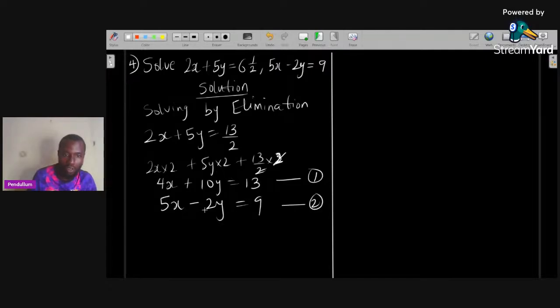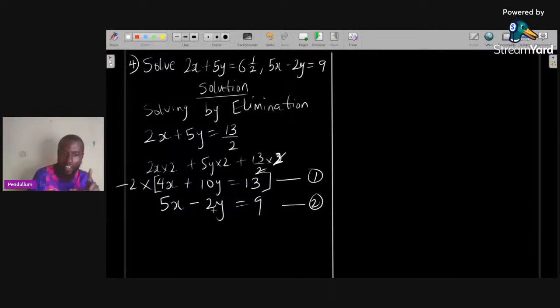So the coefficient of y in equation 2 is minus 2. We'll come here and say minus 2 times everything here. So let me put this in brackets. All right. You want to come again. Any of the variables you want to eliminate, you're going to use the coefficient of that variable in one equation to multiply everything in the other equation.